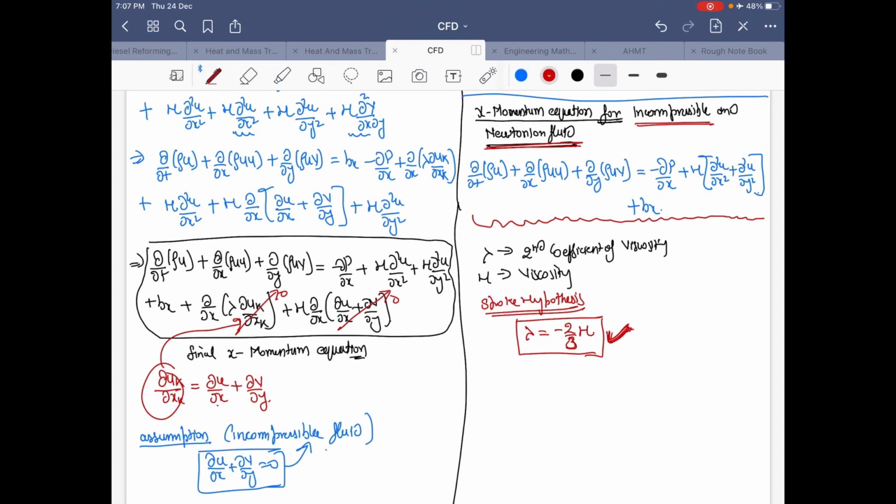That's why we can consider this hypothesis correct, and we use it, that is Stokes' hypothesis. So this is for this lecture, and in the next lecture I will derive the y momentum equation in the same way, and then I will move forward to the energy equation.